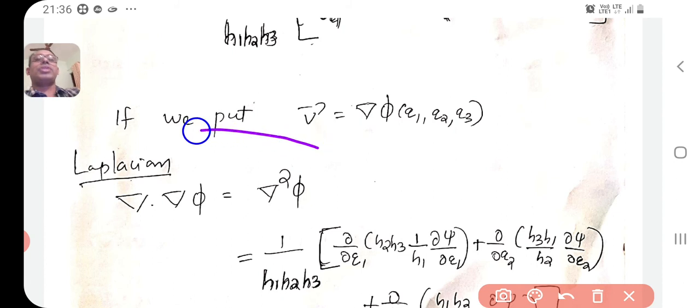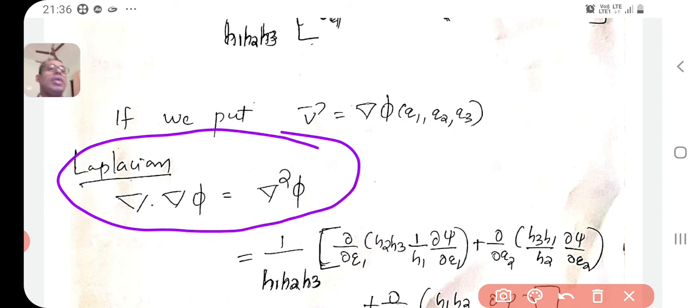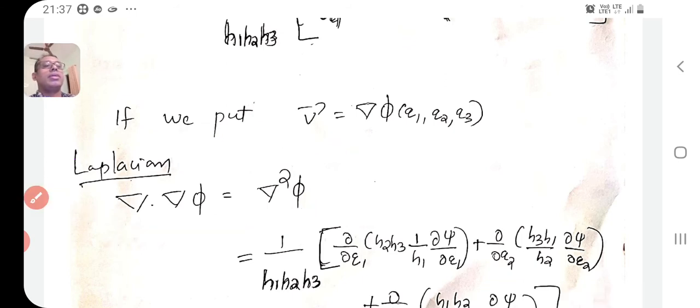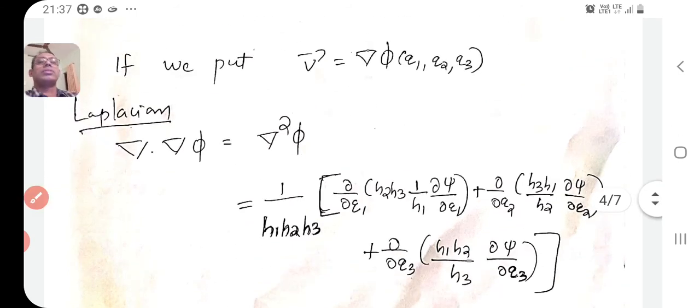Then for the Laplacian, we have del dot del phi. When we take del dot del phi, we get del square phi, and del square is called the Laplacian. So del square phi is going to be given by this.